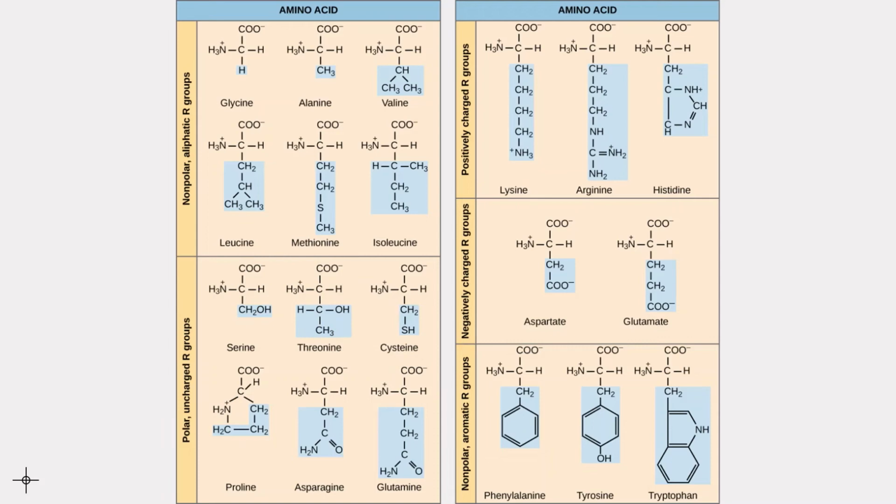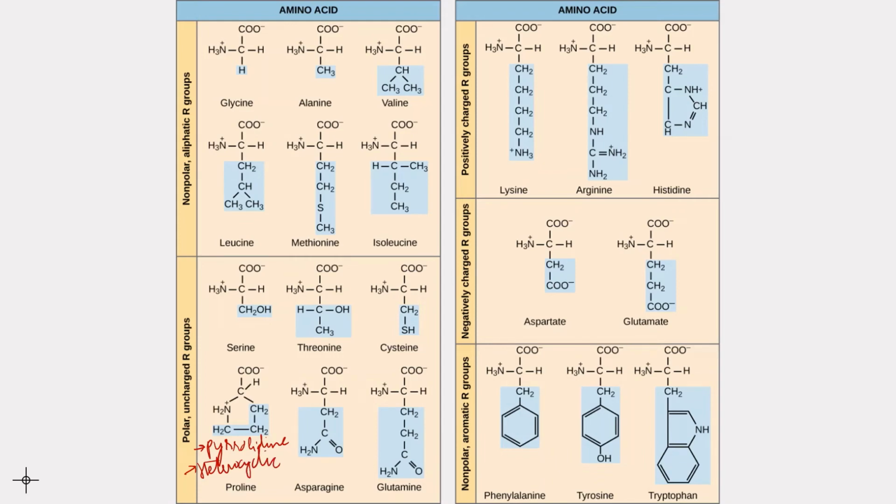Now if we look at proline, this is also called pyrrolidine. This is the pyrrolidine structure, and this is heterocyclic and very rigid.